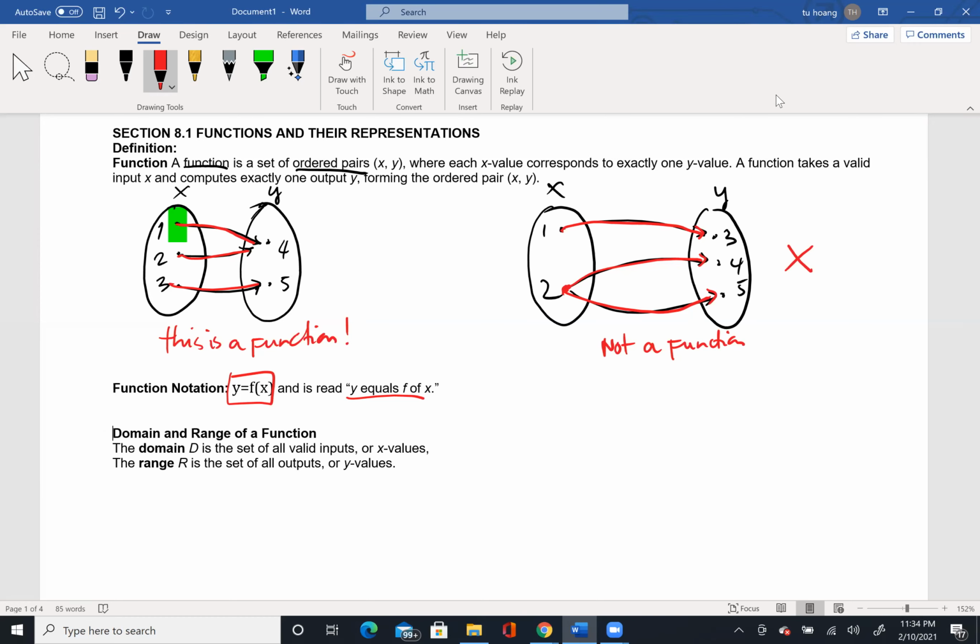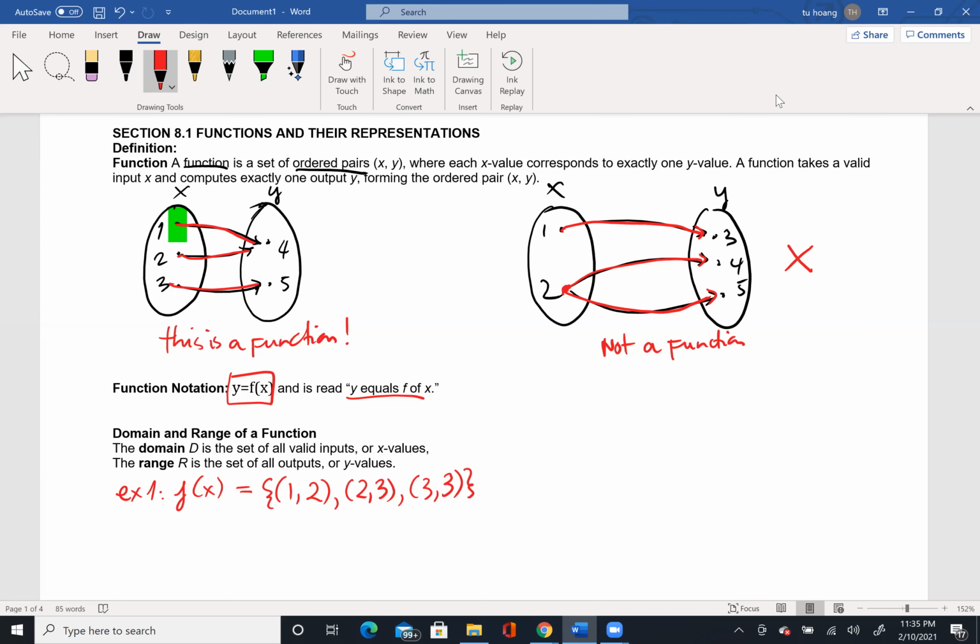Let's have an example. Example 1. I have f of x equal to the set with some points: (1, 2), (2, 3), and (3, 3).